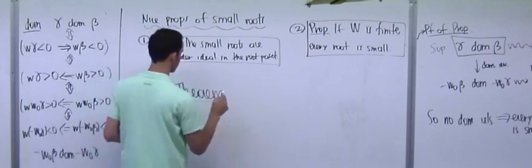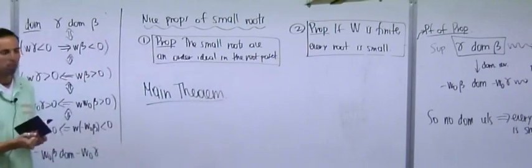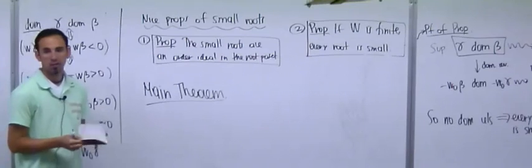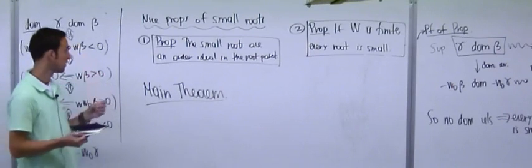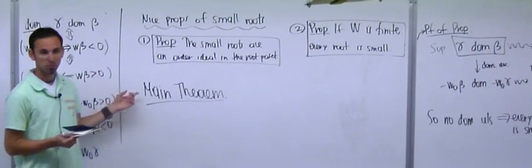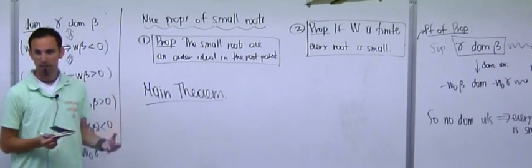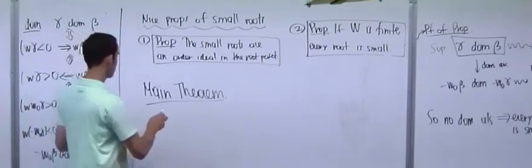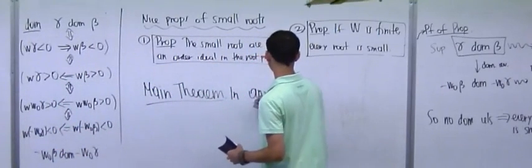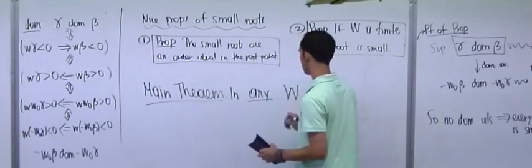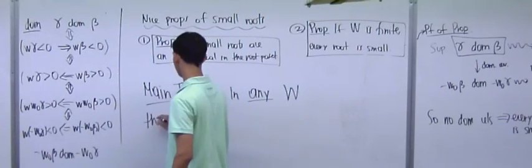For a lot of purposes, the most important fact about small roots is that no matter how huge your infinite group is, the small roots are finite in number. The number of small roots is finite.